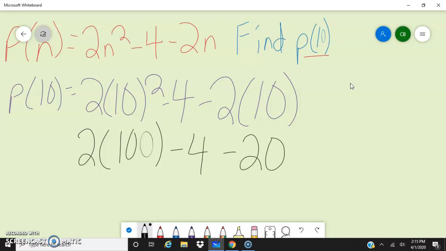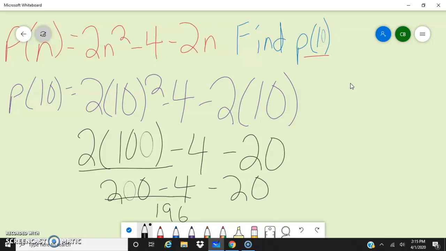Then I can just multiply. So 2 times 100 is 200, minus 4 minus 20. I know 200 minus 4 is 196, minus 20, and 196 minus 20 equals 176.